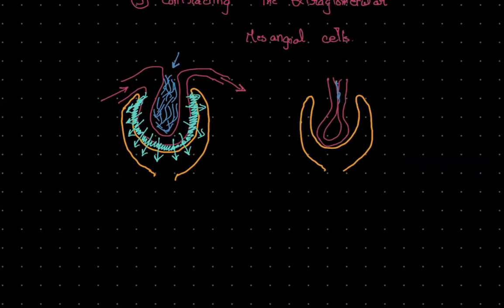I contracted the extraglomerular mesangial cells here in between the glomerular capillaries. And now the surface area available for the filtration to take place after contracting the extraglomerular mesangial cells has dramatically been reduced. So this will allow me to filter less blood.